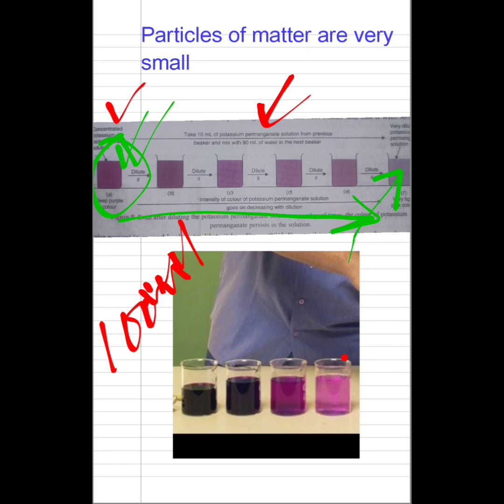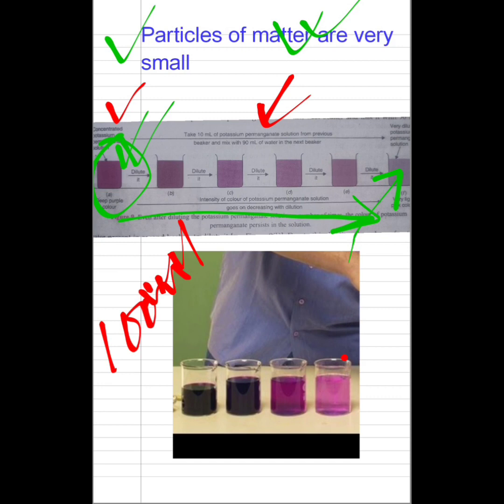So it explains that particles of matter are very small, because the more we dilute, we can still see the faint color of the potassium permanganate. So there are very small particles that matter is made up of. That's why, even on huge dilution, we can see the color.